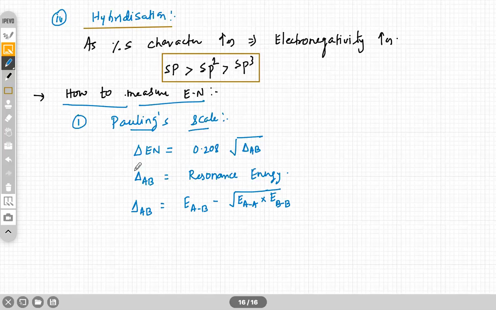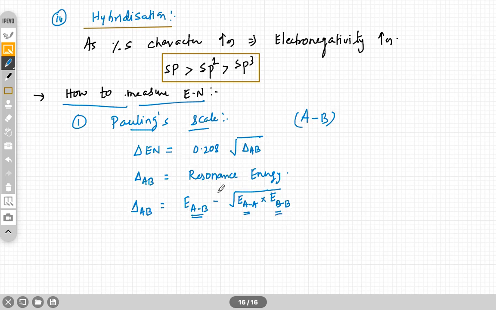If they ask you to find the change in electronegativity, or the electronegativity difference between A and B, you have to use this formula. All these values will be given in the question. Just find delta AB, substitute it here, and you'll get the answer. But like I said, hardly any, 1% probability is also not there that they'll ask you to calculate the electronegativity. Okay.